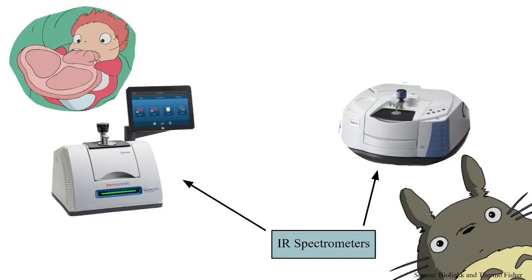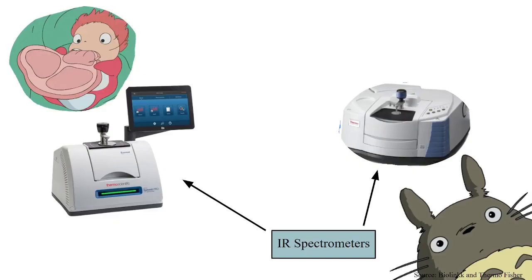For those who don't know, FT-IR stands for Fourier Transform Infrared. When you synthesize your product, you're going to put your sample onto these metal circular plates on the spectrometers, and from there, the spectrometers will shoot a beam of radiation into the sample.